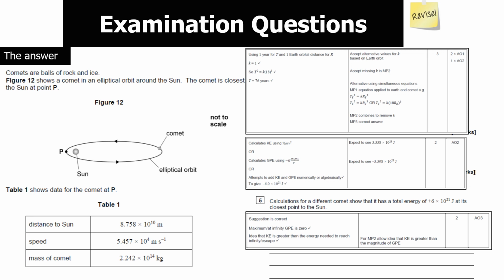The reason is that we say the gravitational potential energy at infinity, which is anywhere outside of the gravitational field, is equal to 0. So if it's at plus 6 times 10 to the 21, it's above 0. Therefore it has more than enough energy to reach infinity and to escape the gravitational field, so it will not be in orbit around the object.